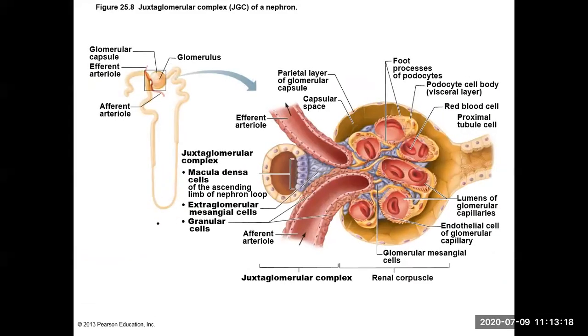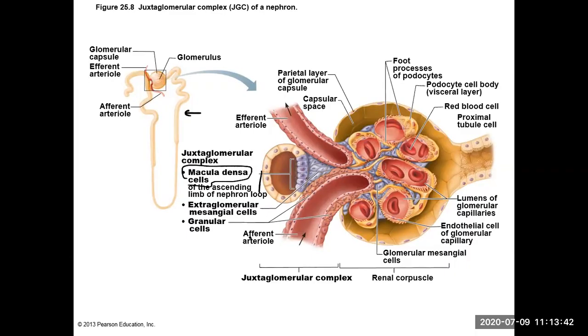All right. So if you look at this nephron, you could see the loop of Henle, and some of the nephrons, their afferent, ascending loop of Henle and DCT, they're coming very close to this part right over here. So you can see the macula densa cells right over here.